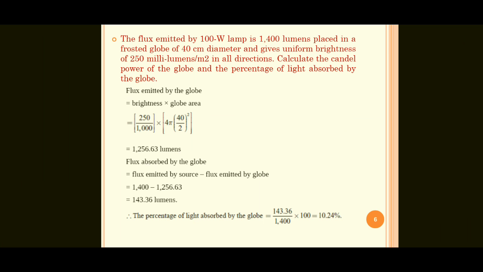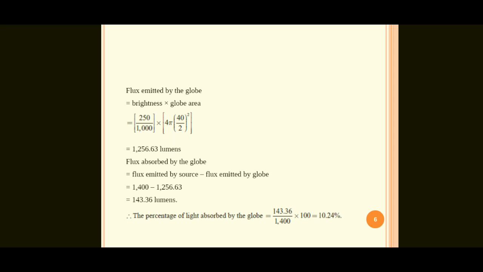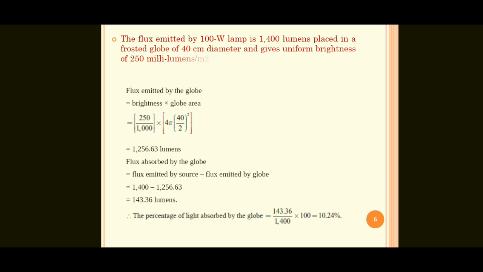Next one, flux absorbed by the globe means flux emitted by the source minus flux emitted by the globe.